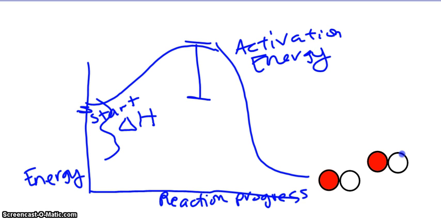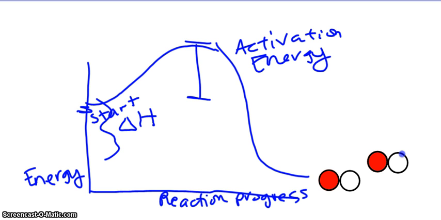That's the energy that's required to break those bonds. Once you've reached that threshold where you have enough energy to break all the bonds and you form that activated complex, that's when all those four atoms are sort of bonded but sort of not, at the very top of that hump.